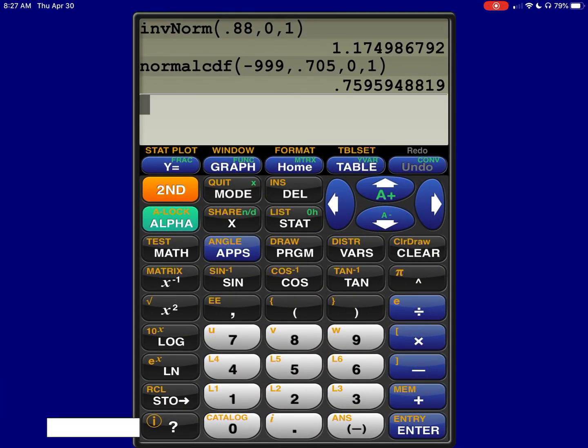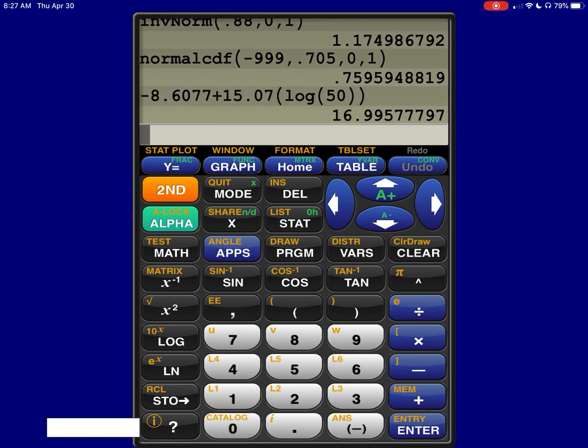So if we go to the calculator, I can just type in negative 8.6077 plus 15.07 times the log of 50. Voila, 16.99, which is about 17.